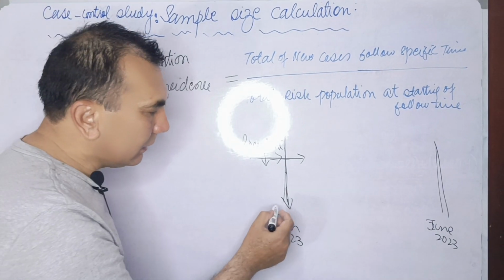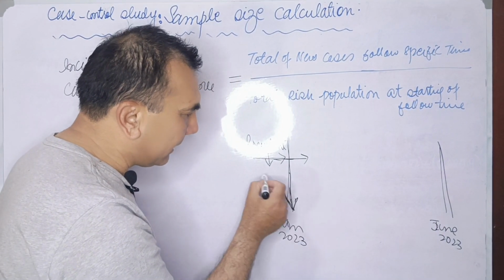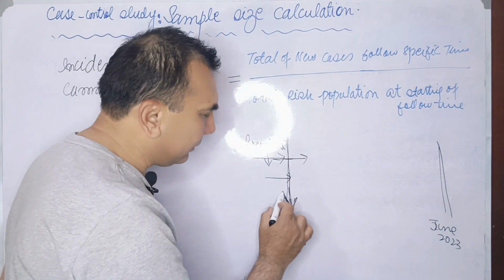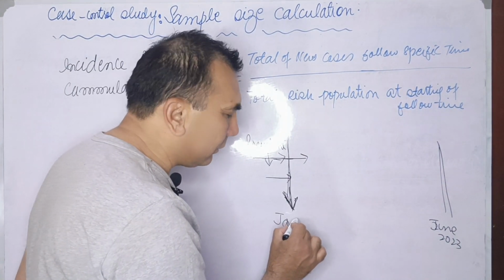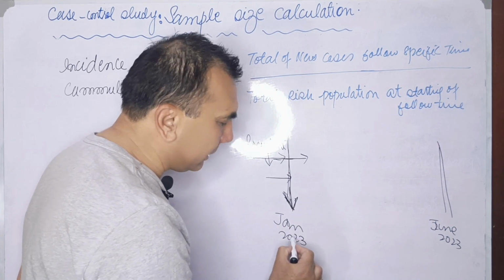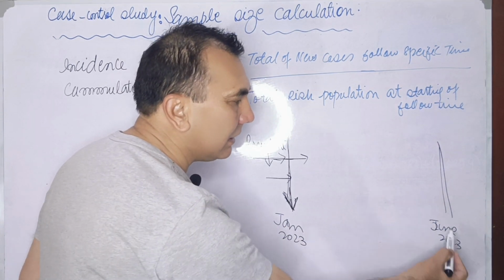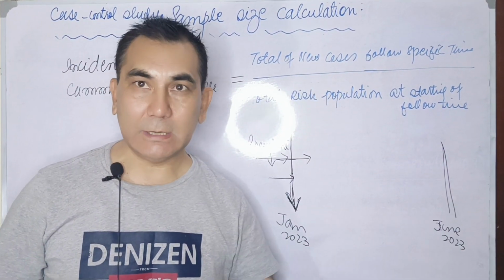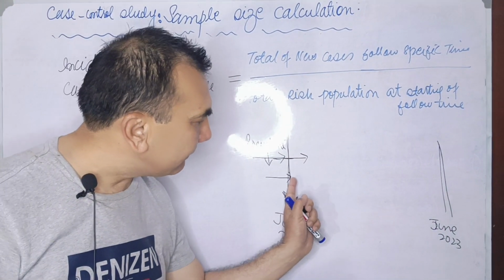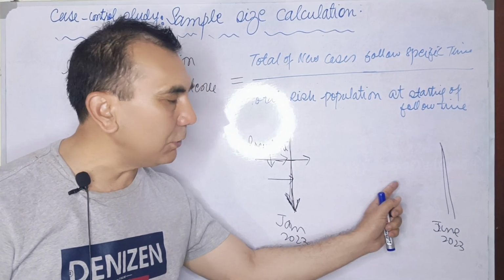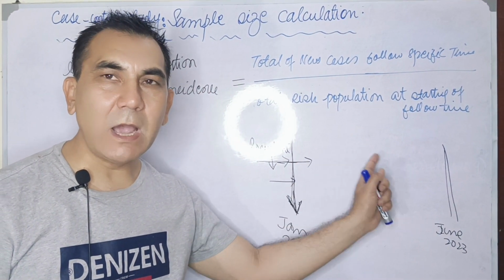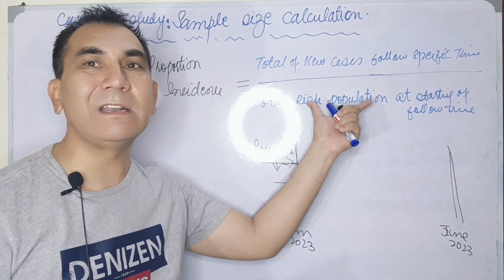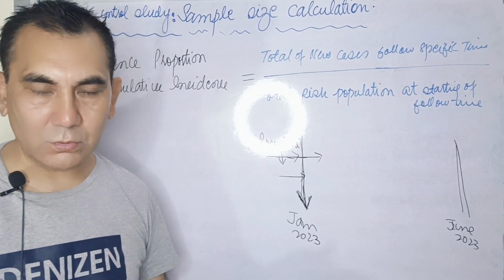You count only those people who are disease free, and you follow them from January 2023 till June 2023. Those people you follow for the 6 months come in the denominator.